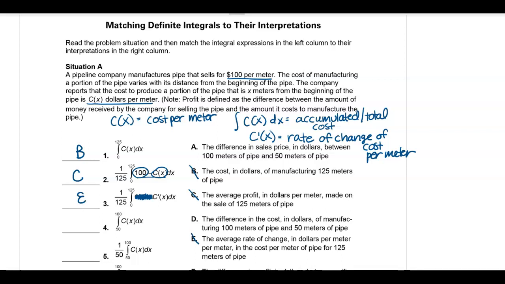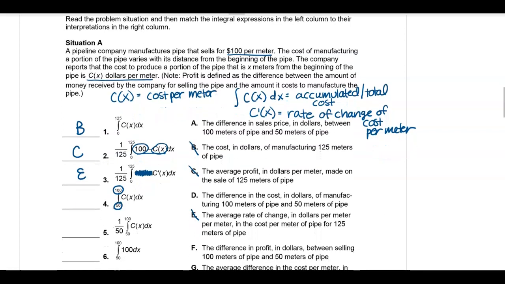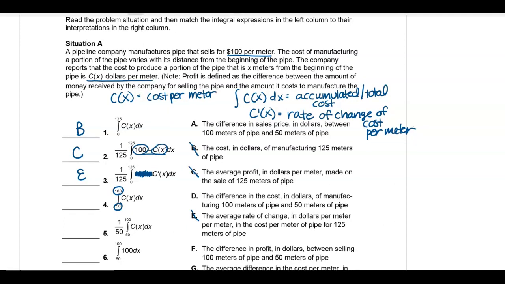Number 4, we're integrating cost. We're going from 50 to 100. And so that looks like it'll give us the difference in cost, right? So it's kind of accumulated cost, but it really is accumulated cost between 50 and 100, which is going to give you the difference in cost.